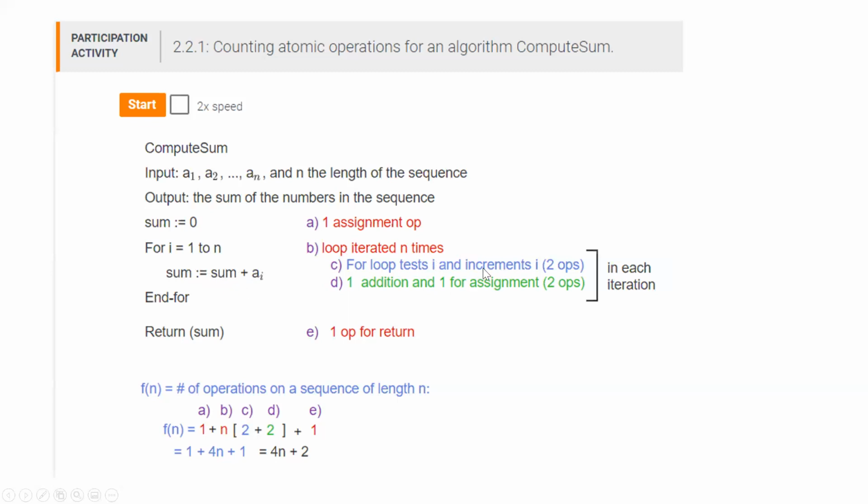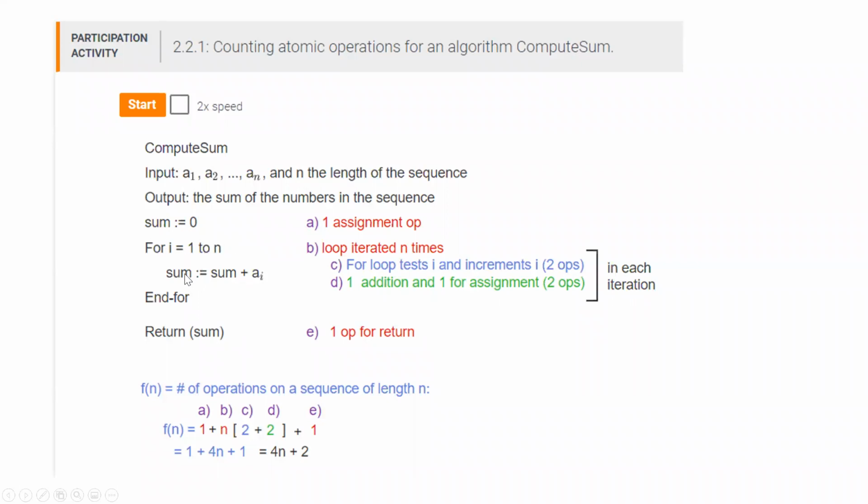So they've listed out here how many this is. Since the loop is iterated n times, the beginning of the loop, we count as 2 operations because it has to test i to see where it is, and then it's going to increment i if it's ready to go on to the next one. Each time it goes through, it increments by 1. So we count 2 atomic operations for just this line.